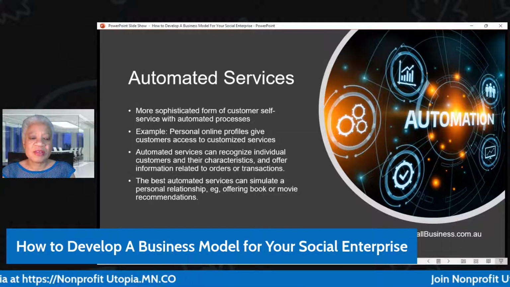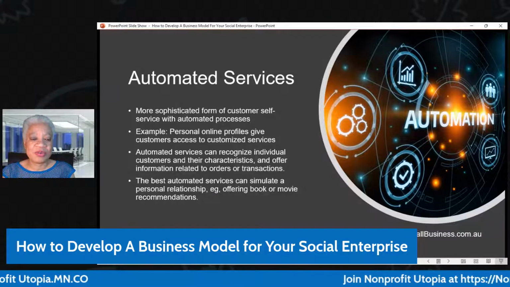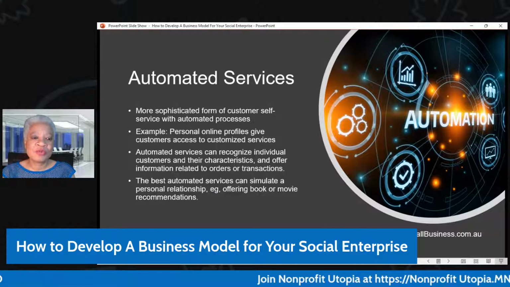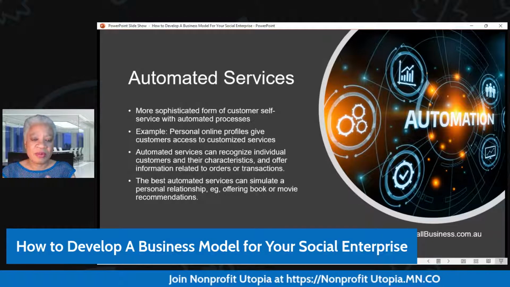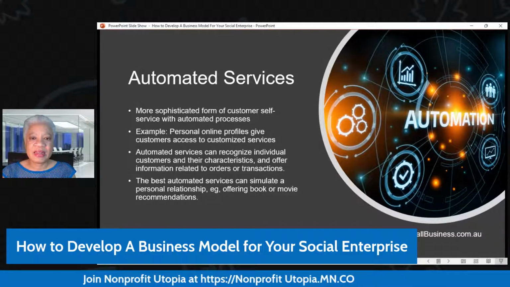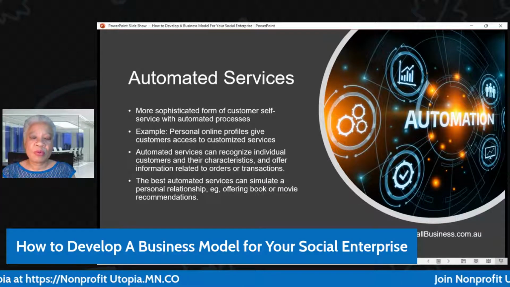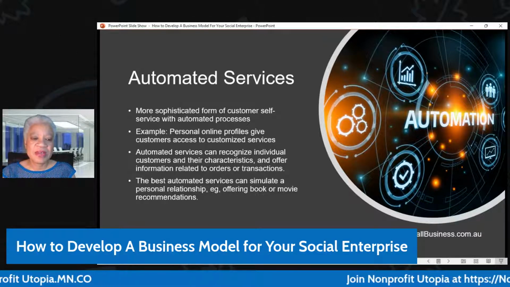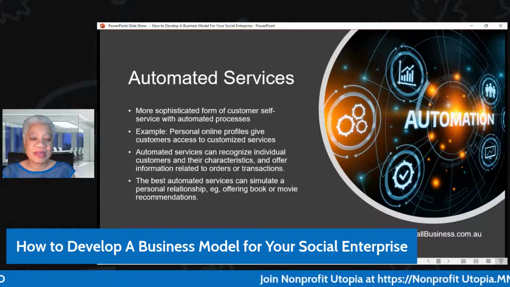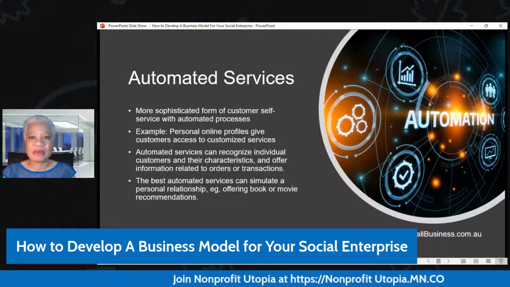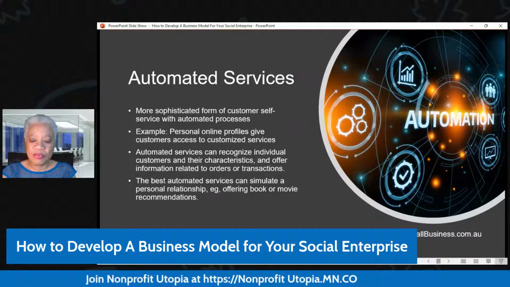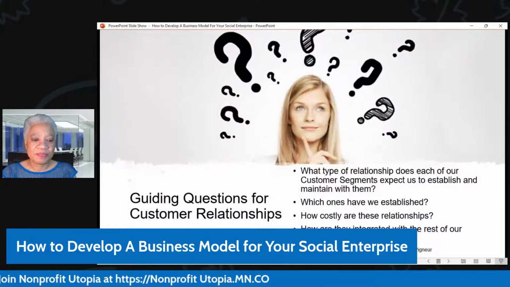You've got automated services that can recognize individual customers, how they use the platform, what their characteristics are, so they can have responses that seem more personalized to you. So the best automated services can simulate a personal relationship, for example, offering a book or movie recommendations.